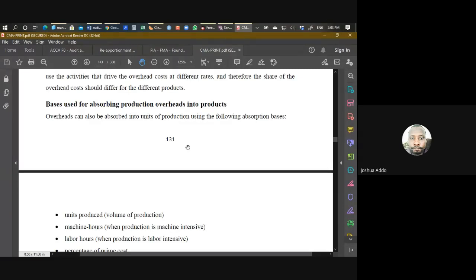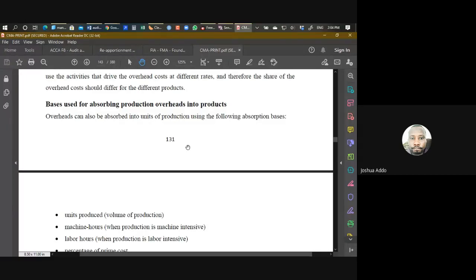The reason is this. In the olden days, most production was labor intensive as opposed to machine intensive. So most of the indirect costs generated in the production process would be labor related. The simplification was that since we use labor in almost all the things, any indirect cost incurred is caused by labor activities.